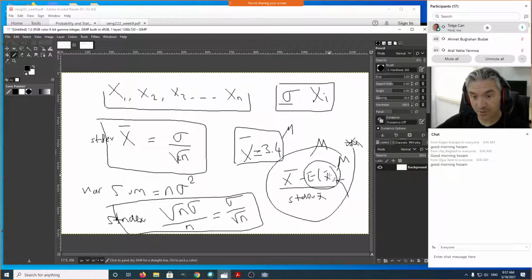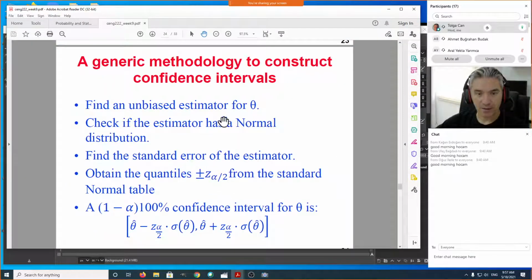So the population parameter gets into this, and this is how I was able to say that the population parameter is in this interval with this probability. So it has to be unbiased. The estimator has to have a normal distribution.